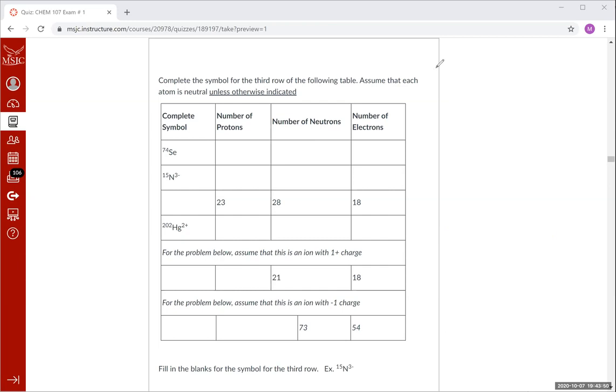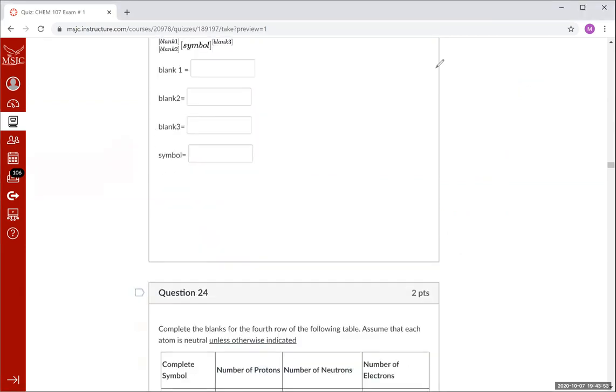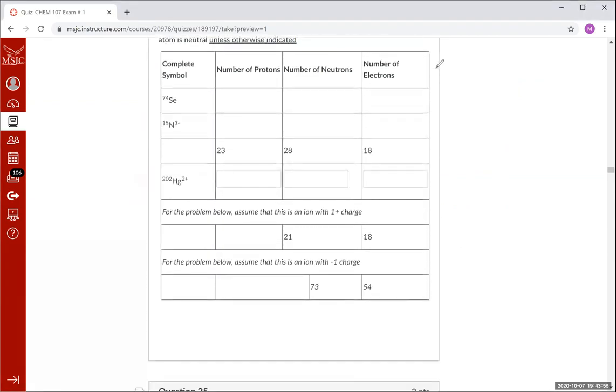Wonderful. So let's look at this next example where we have mercury 2 plus. First things first, we need to look up mercury in the periodic table. What is the atomic number for mercury? 80.